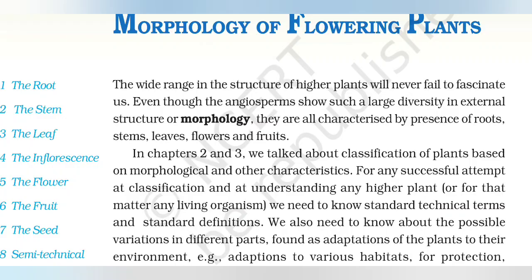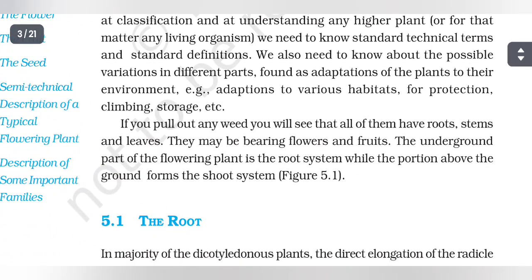We also need to know about the possible variations in different parts found as adaptation of the plants to their environment. Example, adaptations to various habitats for protection, climbing, storage, etc.